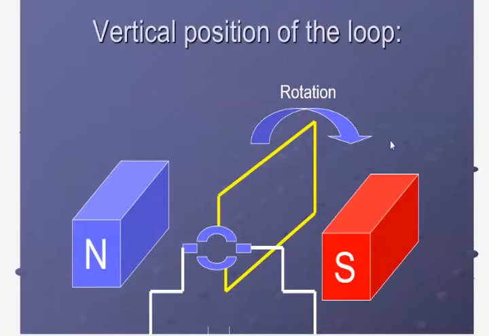So this arm will experience a force in this direction, outwards, in this position. And this arm would experience a force in the opposite direction. So these two forces are equal in magnitude but opposite in direction. So they will cancel out each other because the lines of action of the forces are the same.